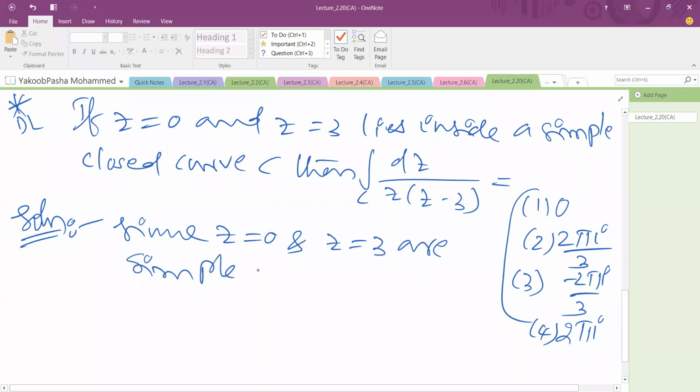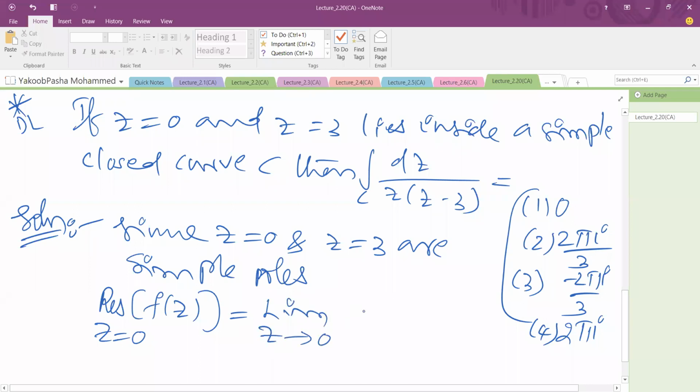When they are simple poles, we can calculate the residue very simply. I'm writing directly, residue of f of z at 0 is equal to limit z tends to 0 of z into f of z. F of z is 1 by z into z minus 3. Here z will be cancelled, so that is equal to minus 1 by 3.